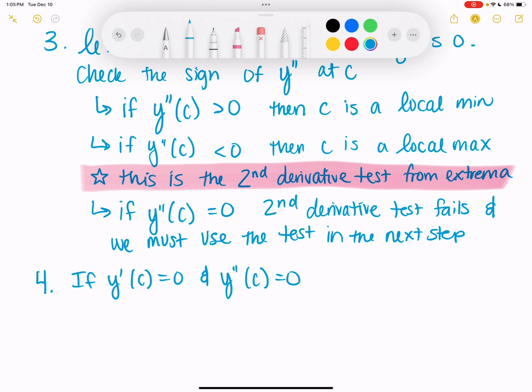Check the signs of y prime as x increases through c.